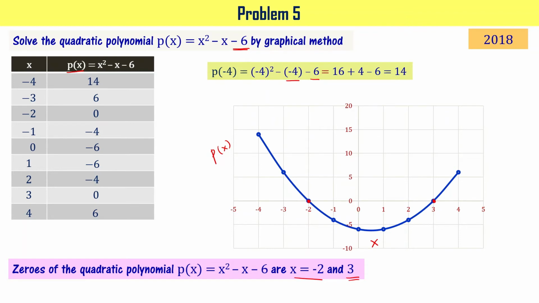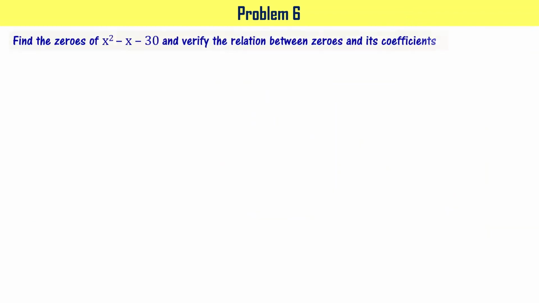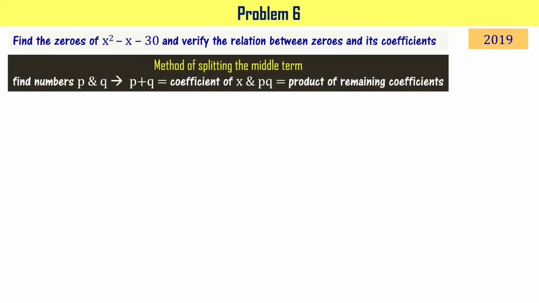Let's go to the next problem, that is problem number 6. Find the zeros of x square minus x minus 30 and verify the relation between zeros and its coefficients. It is from year 2019 question paper. We know that the method of splitting the middle term can be used to find the zeros of a quadratic polynomial, right?